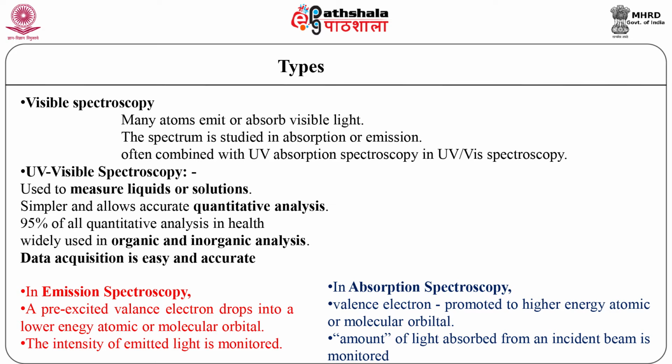The amount of energy absorbed from an incident beam is monitored. In emission spectroscopy, a pre-existing valence electron drops into a lower energy atomic or molecular orbital. The intensity of emitted light is monitored.